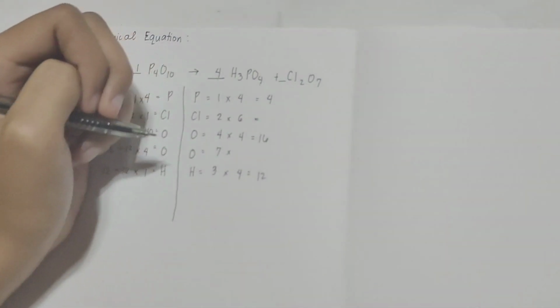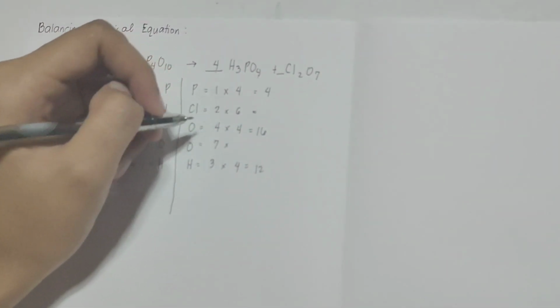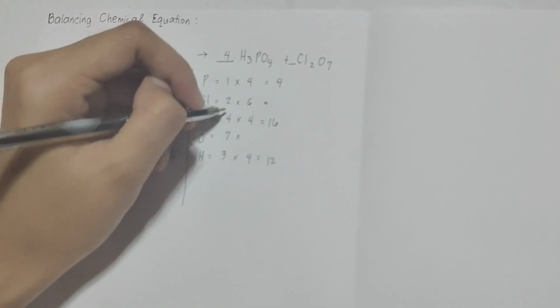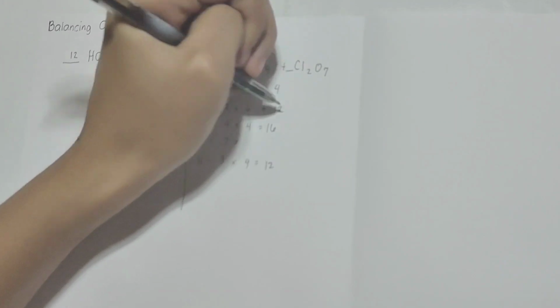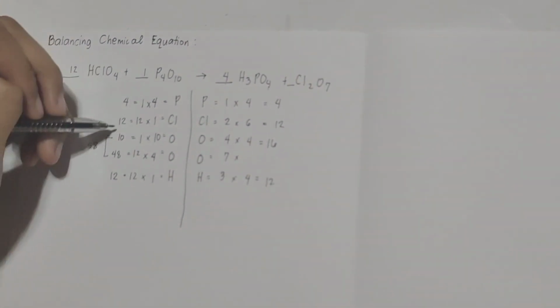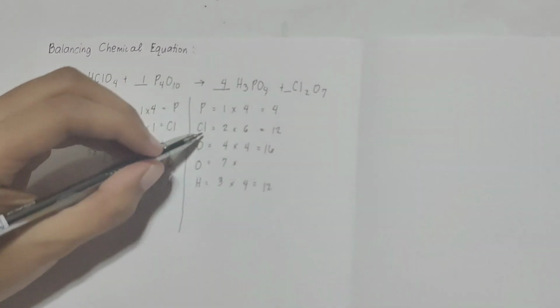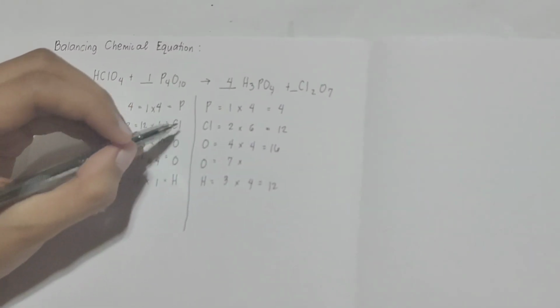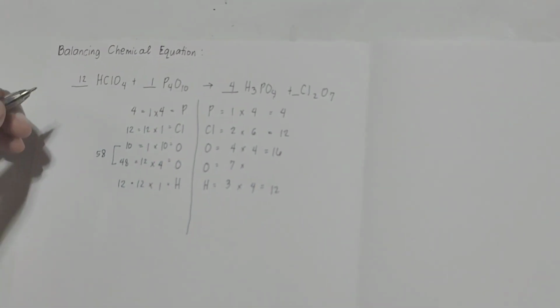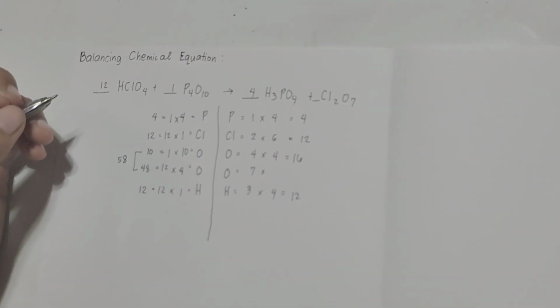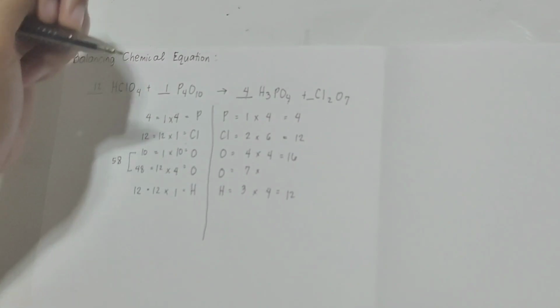Let's try. Chlorine is equal to 2 times 6 is equal to 12. Since the total number of chlorine atoms on the reactant side is equal to 12, we already have the same number of chlorine atoms on both sides. So let's proceed by multiplying the oxygen by the coefficient 6.